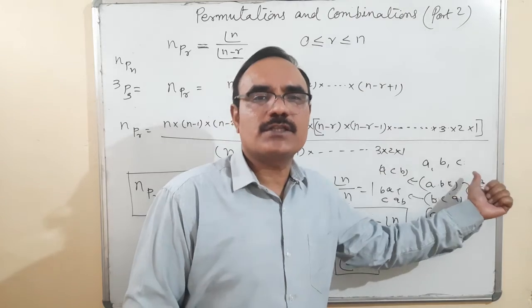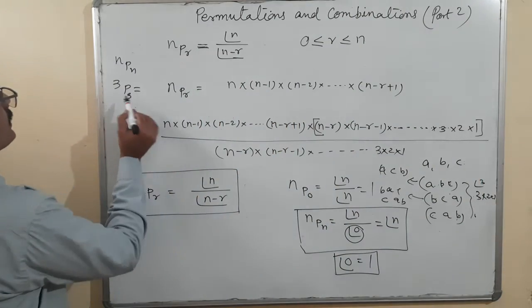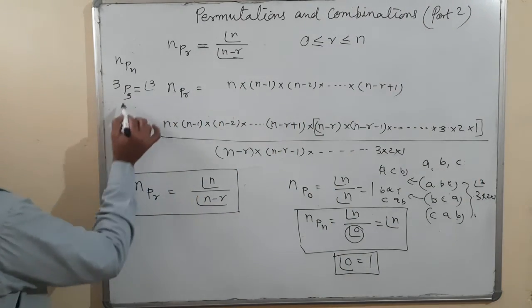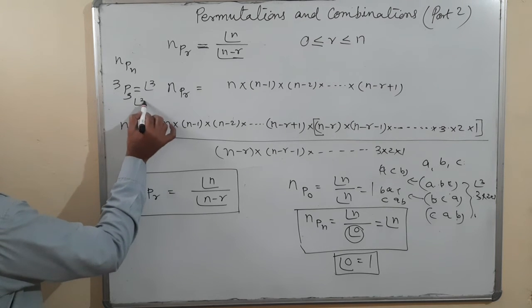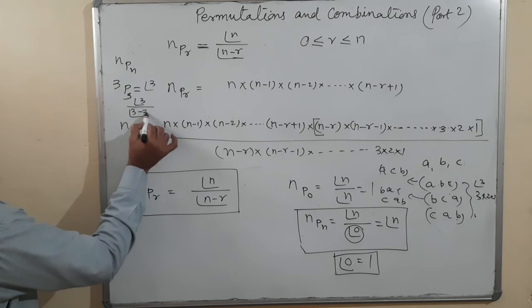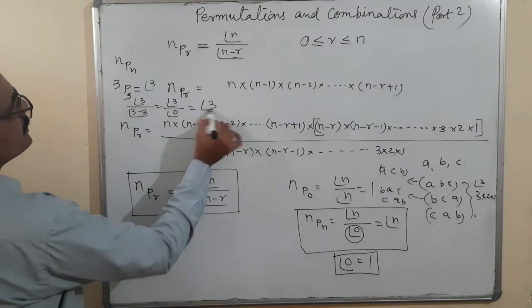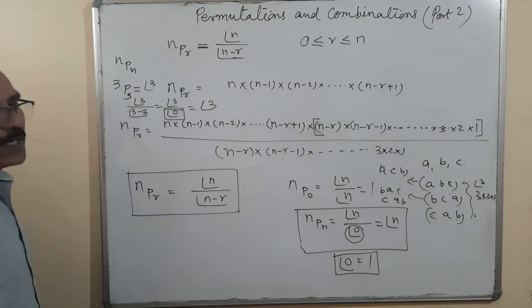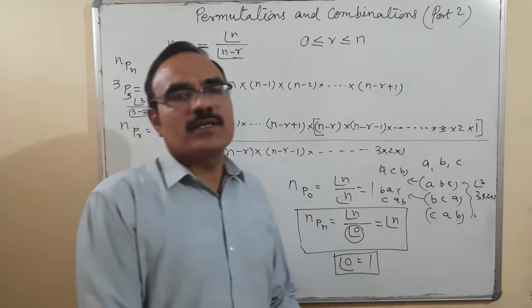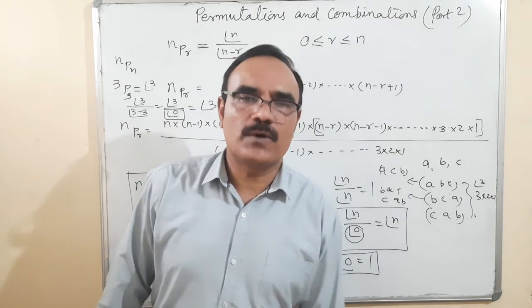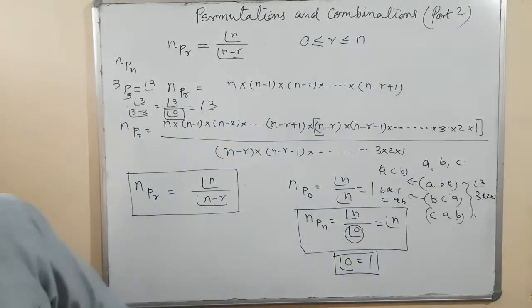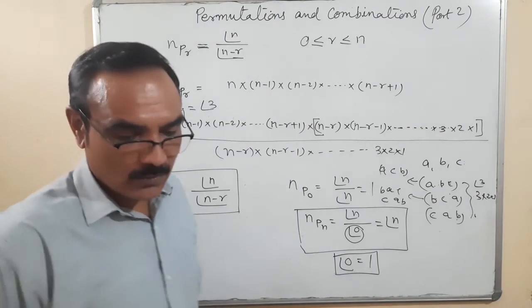Factorial 3 different ways. So 3P3 is equal to factorial 3. And as per the formula, factorial 3 upon factorial 3 minus 3. So factorial 3 upon factorial 0 will be the answer. So what is the meaning of this factorial 0? It is 1. So factorial 0 is equal to 1. Remember this concept, factorial 0 is 1.